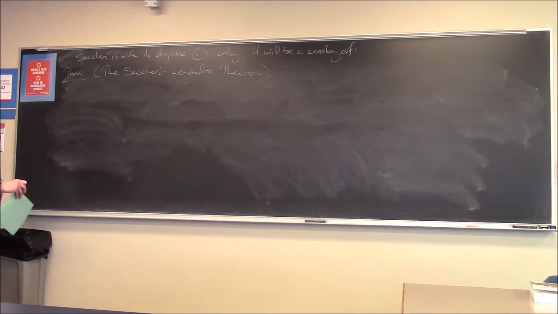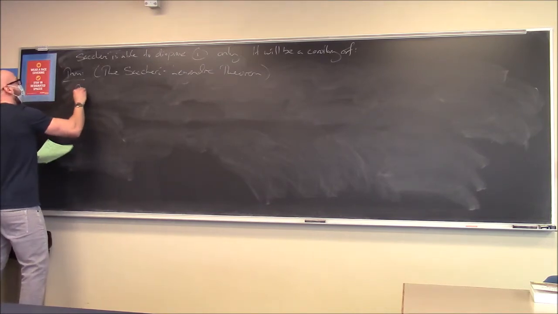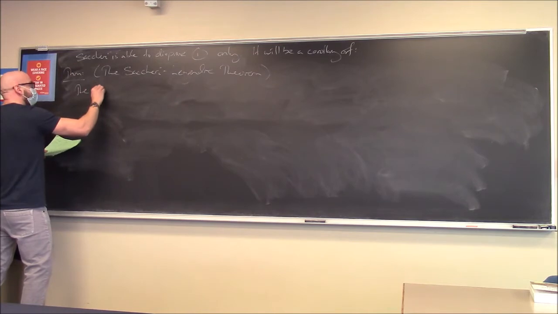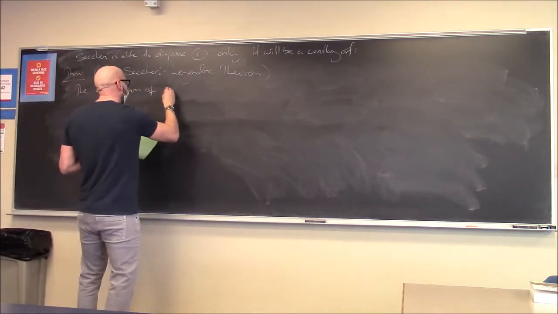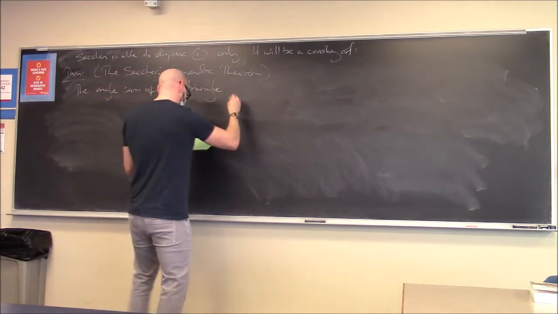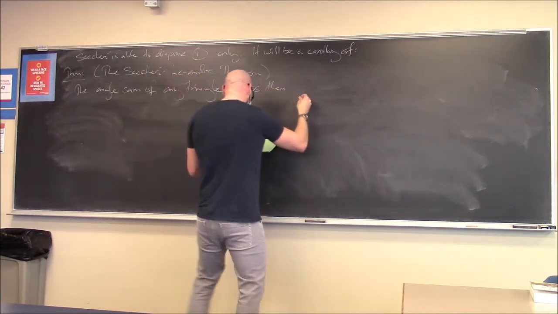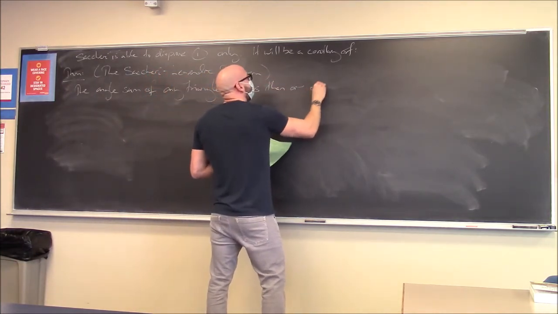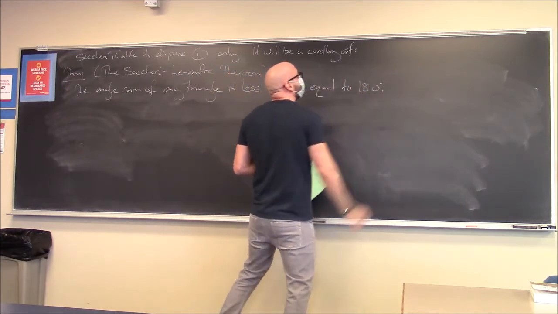And the Saccheri-Legendre theorem, in a nutshell, says that the angle sum of all triangles is less than or equal to 180 degrees. The angle sum of any triangle is less than or equal to 180 degrees.